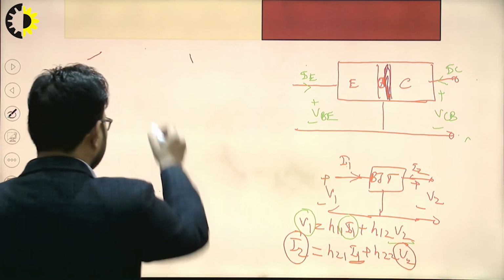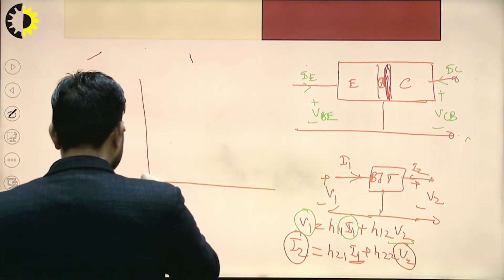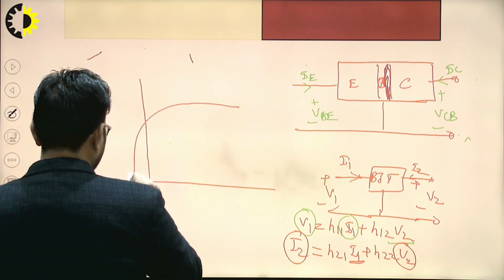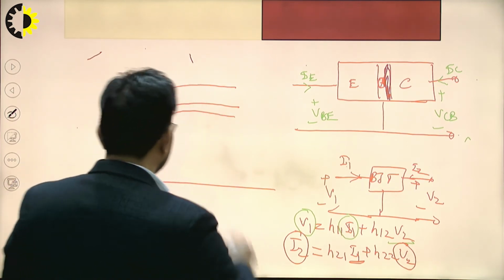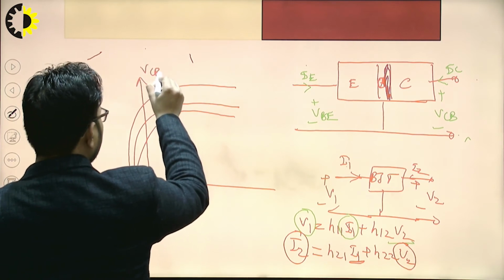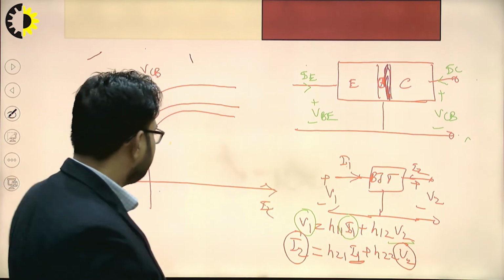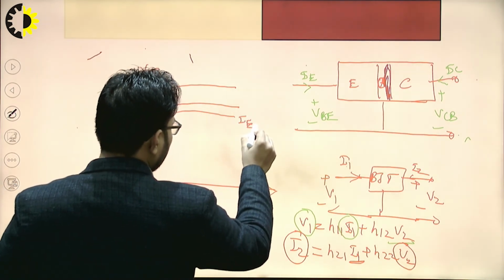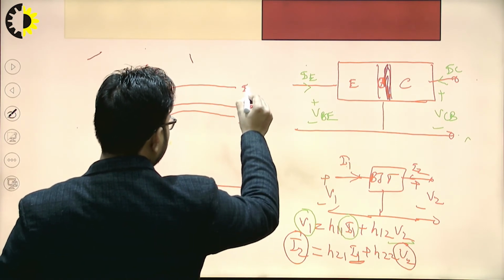So we can draw the output characteristics for the common base configuration like this. This is between VCB and IC while keeping IE constant, that is, this curve is for IE1, this is IE2 and this one is for IE3.